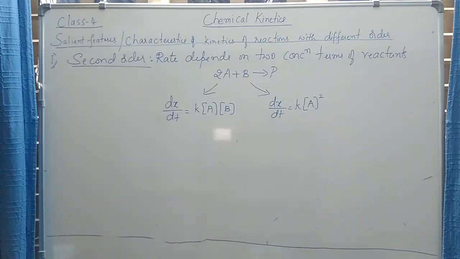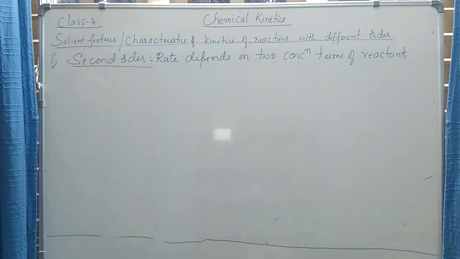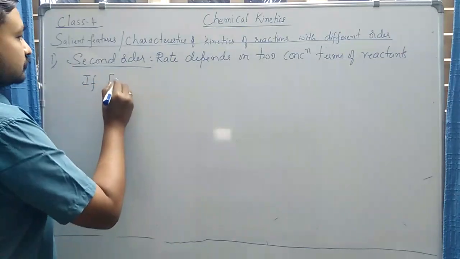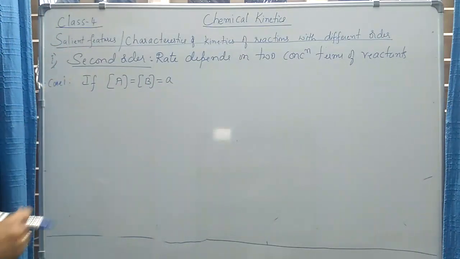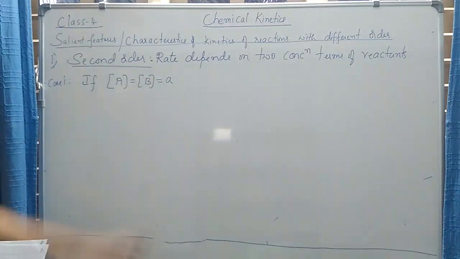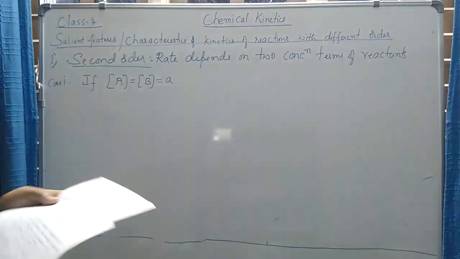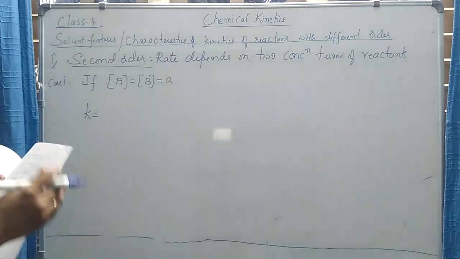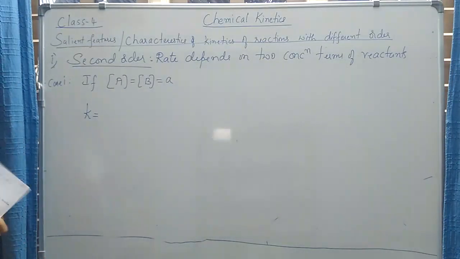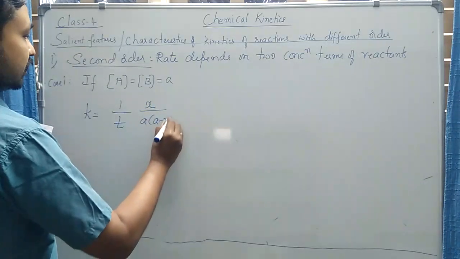First let us concentrate on what happens if the initial concentrations of the reactants are the same, that is concentration of A is equal to concentration of B is equal to A. In such a case, if we follow all the mathematical equations, the final expression that we get is rate constant K is equal to 1 by T into X divided by A into A minus X.